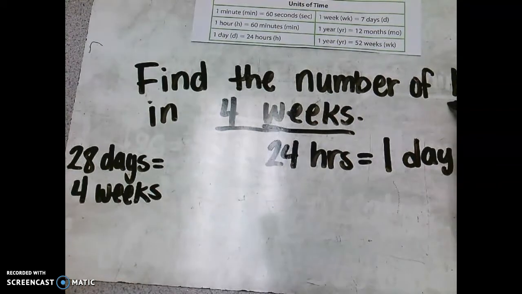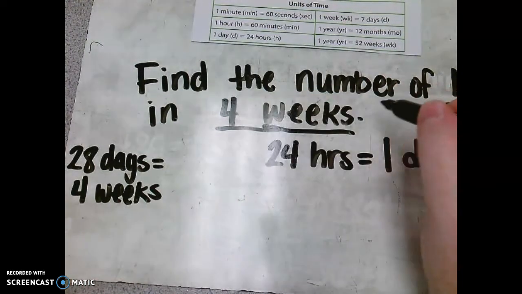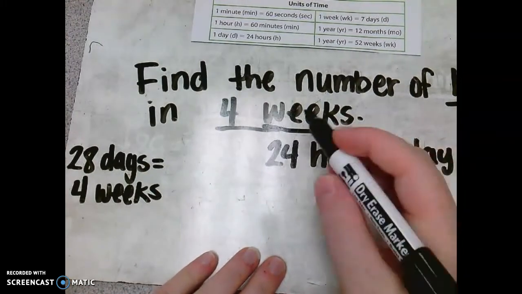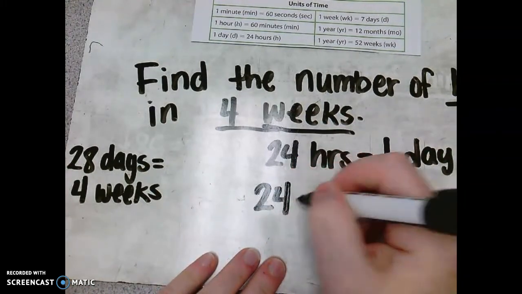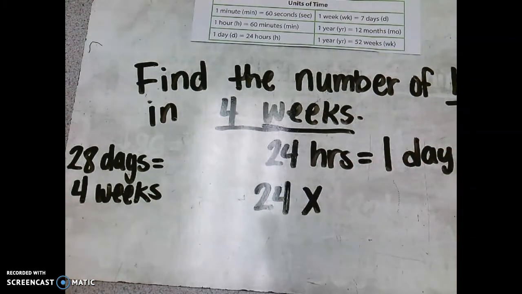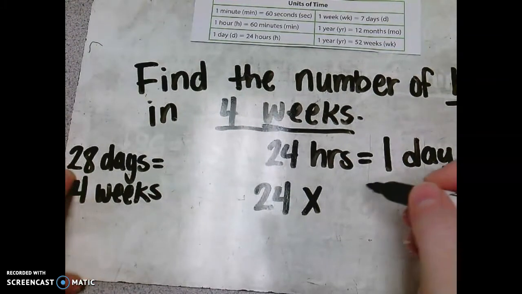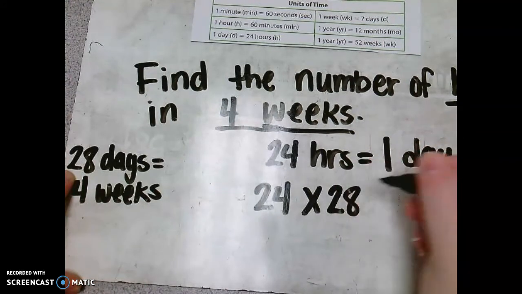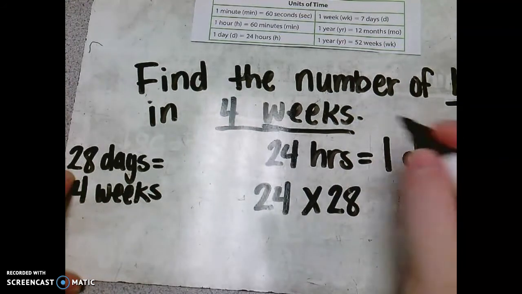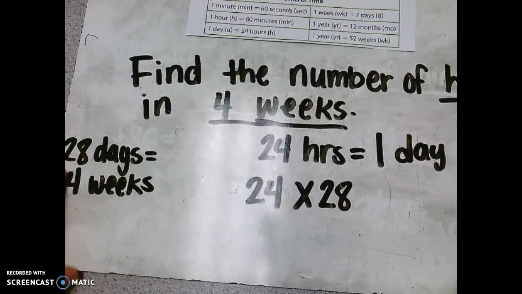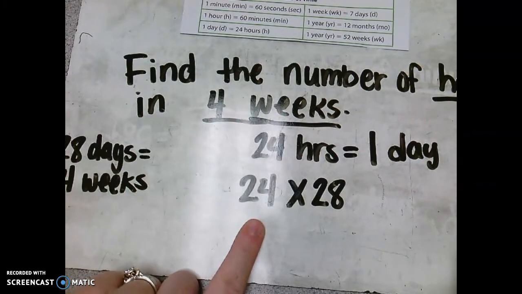And remember, we're trying to find the number of hours in 4 weeks. So now we're going to multiply 24 hours by 28 days, because there's 28 days in 4 weeks, and there's 24 hours in a day.